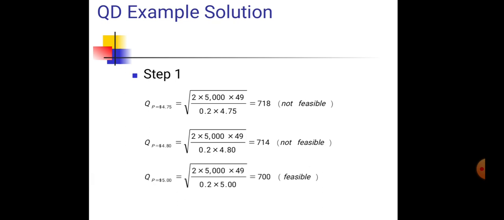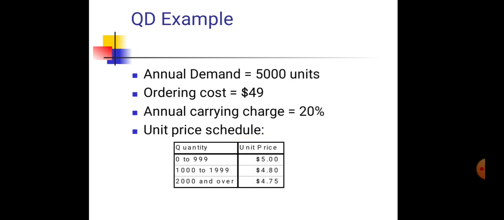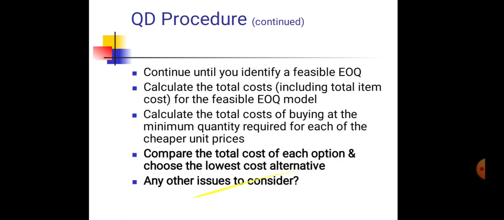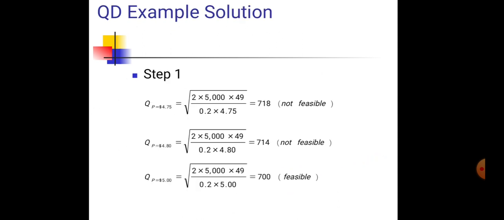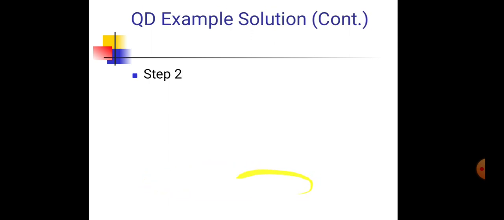And then you order with the minimum quantity, where the price is more, so 700 is the feasible solution. So you compare these three, and the third is the feasible solution in the EOQ model. So you take this feasible solution.